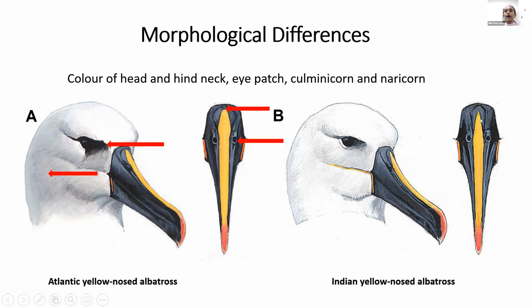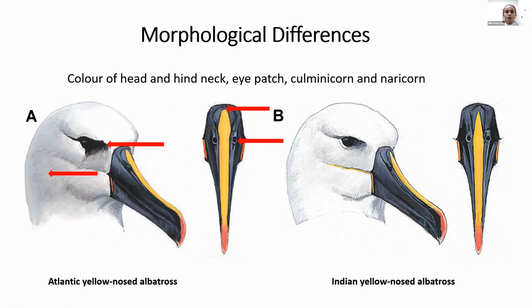And the naricon is more curved in the Atlantic yellow-nosed albatross, while it is more straight in the Indian. So using these two features, we can differentiate even the juveniles of the two species.